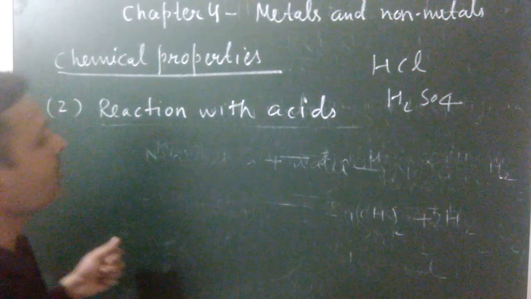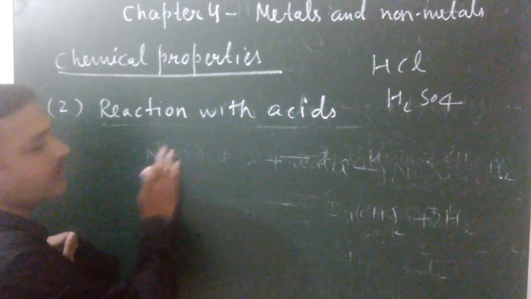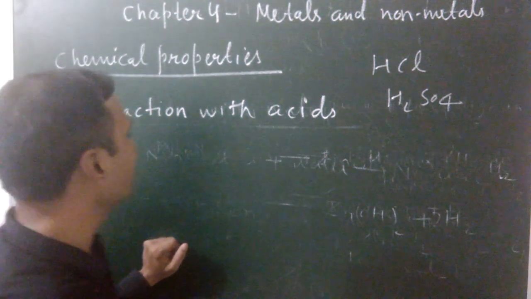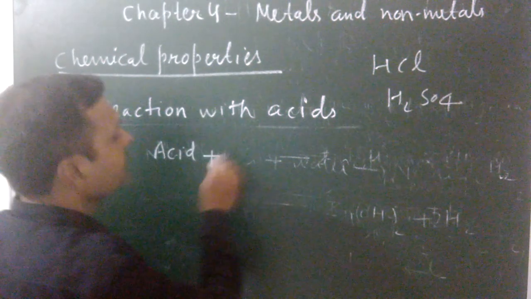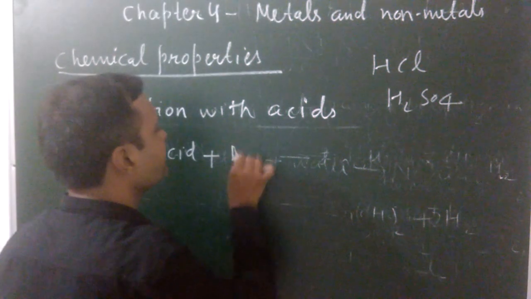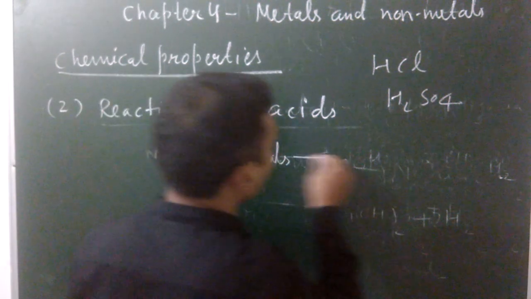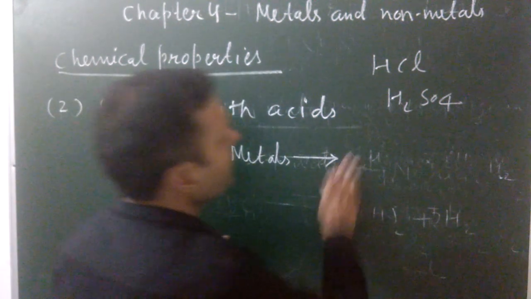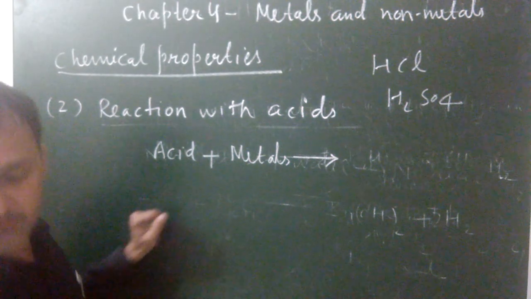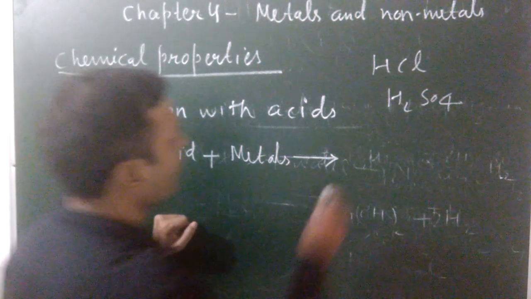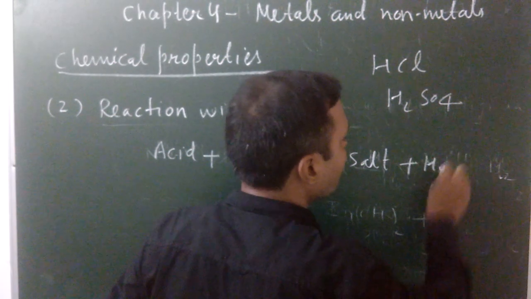First of all, reaction of metals with acids. Again, I will take the example of sodium, magnesium, and zinc. So first of all, metal plus acid will give salt and hydrogen gas.